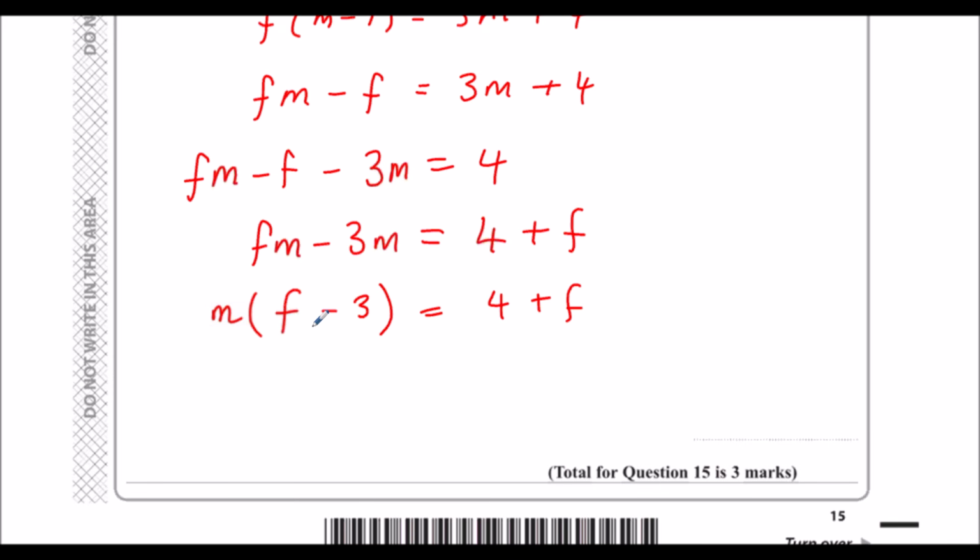To get m by itself, I need to divide by f minus 3. So m equals 4 plus f, or f plus 4, over f minus 3. And so m is the subject of the formula. You could also have, if you did it the other way around, -4 and negative f on top, and 3 minus f on the bottom.